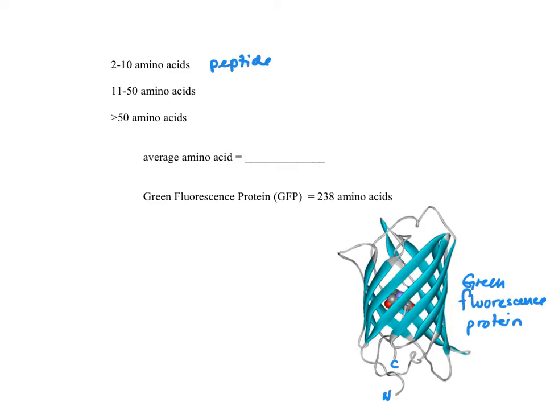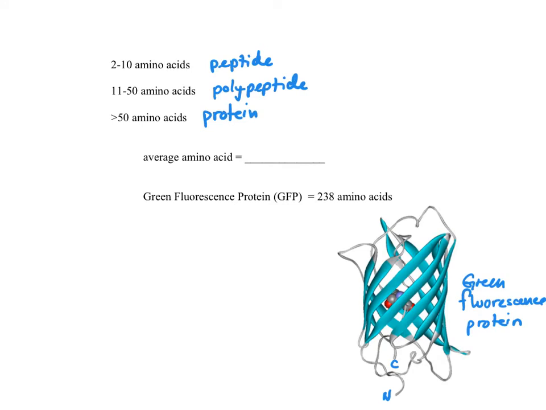A peptide is really the same thing as a protein in some ways, it's just a lot smaller. If we start getting up to more than 10 amino acids, we call that a polypeptide. And after we get to about 50 amino acids, we now call that a protein.